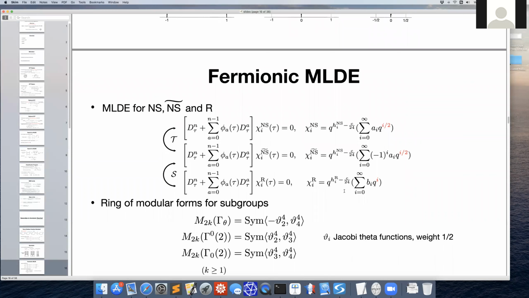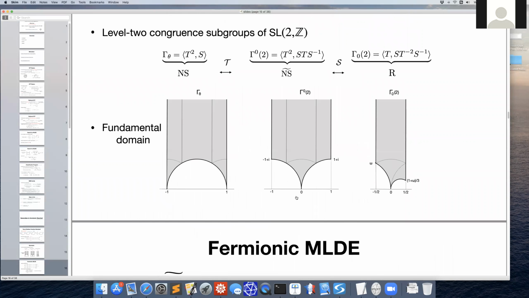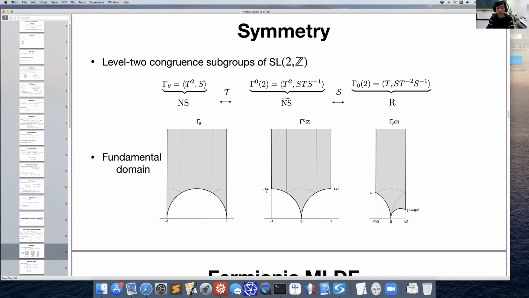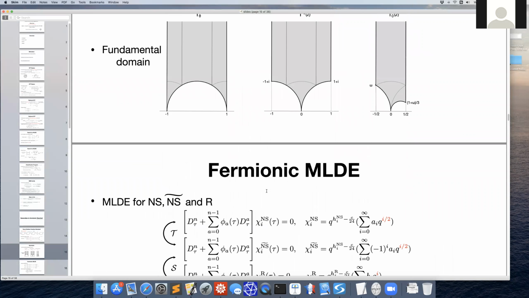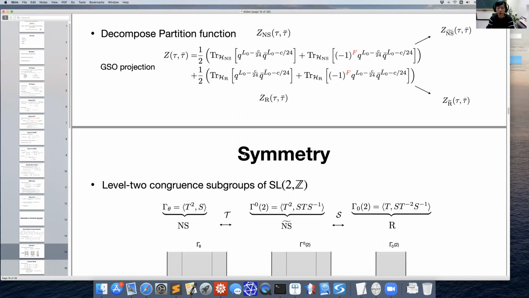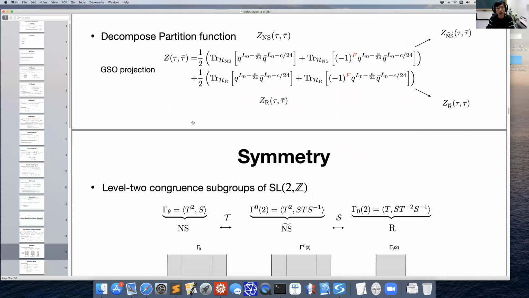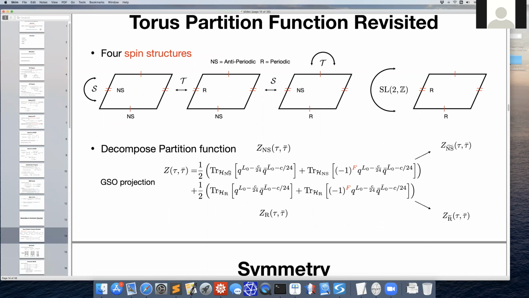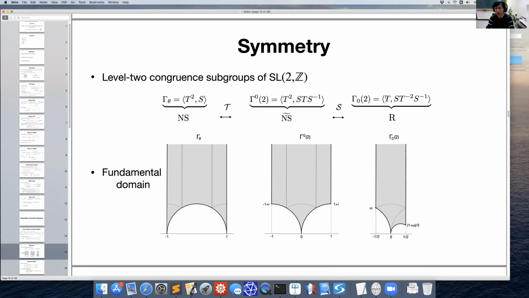Sorry, what's T? T is just the translation, the T in SL2Z. You mean T squared is included as a symmetry? Maybe I'm not very clear. We have SL2Z, and T is one of the generators.